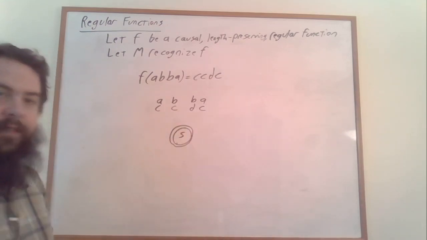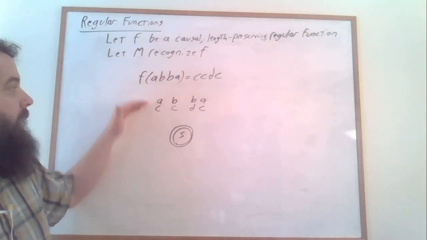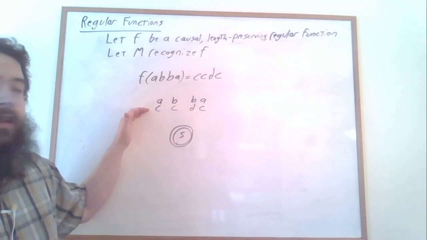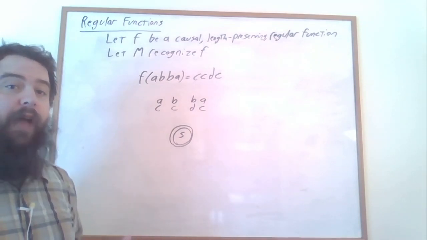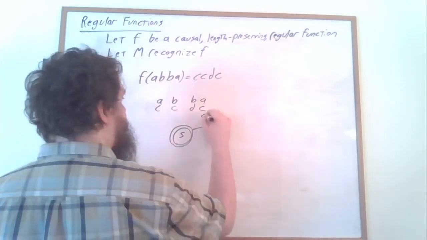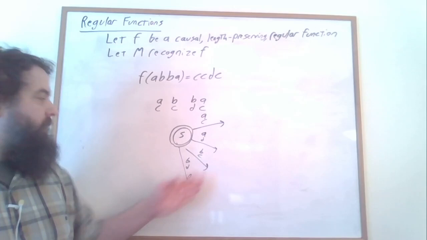I'll call it S. Let's say that our input alphabet only has the characters A and B, and our output alphabet only has the characters C and D. So there's only 4 possible characters that we could be feeding into this automaton: AC, AD, BC, and BD.